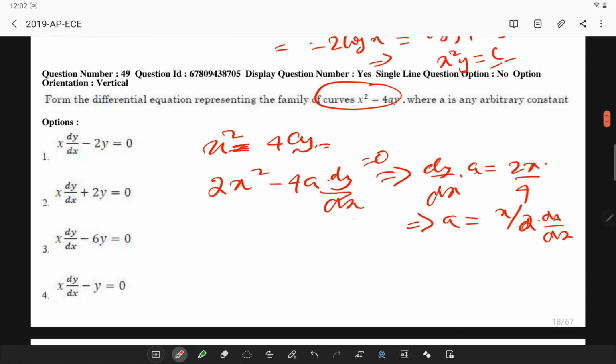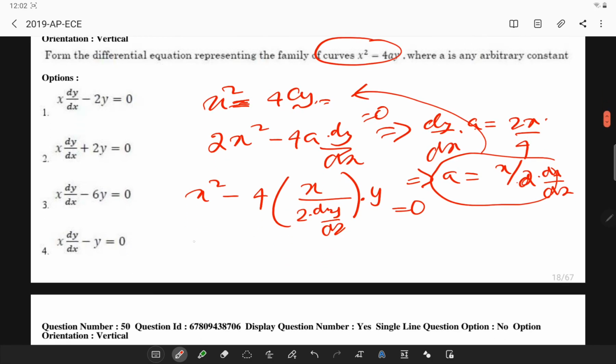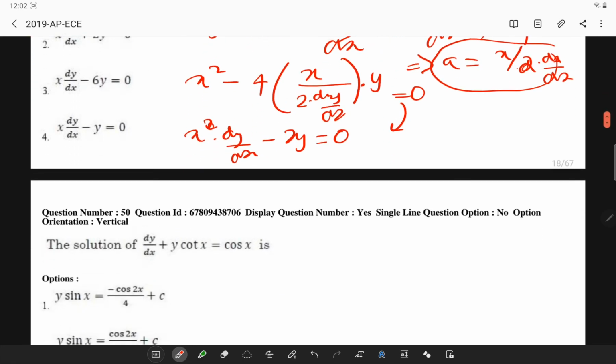If I substitute the value of a in the first equation, I'll be left with x square minus 4 into x by 2 dy by dx into y is equal to 0. So I'll simply have x into dy by dx minus 2y is equal to 0 if I resolve this. So first option is your correct answer.